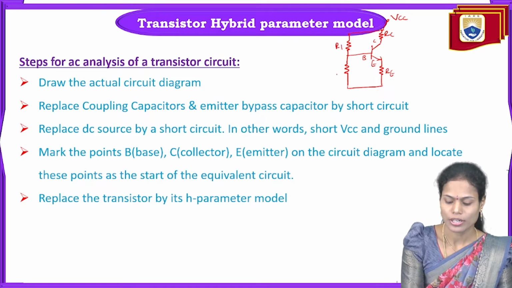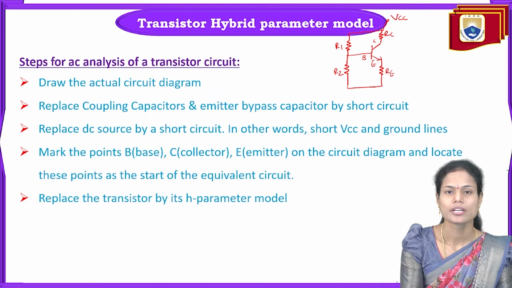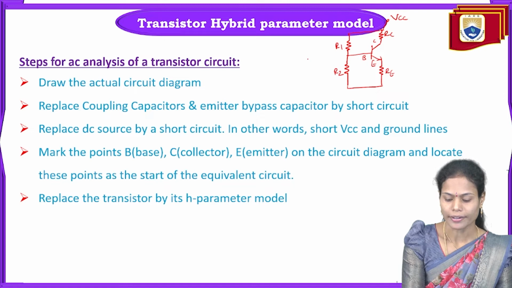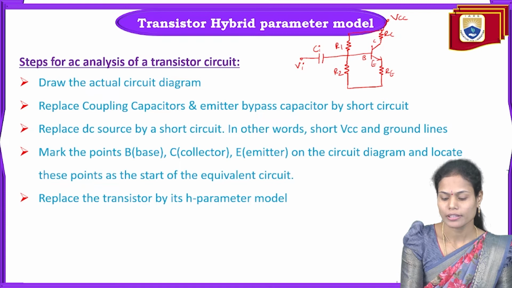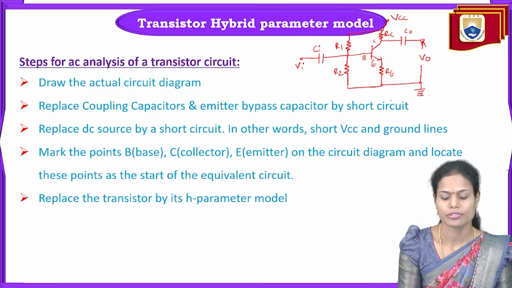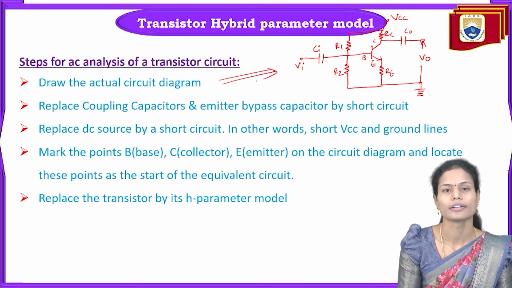Here R1 and R2 are the resistances used to provide the proper biasing for amplification, and the input signal is provided to this circuit through the coupling capacitor Ci. Similarly, the output across the collector of this circuit is connected to the output through the output coupling capacitor. So this is the common emitter amplifier circuit, the actual circuit diagram.